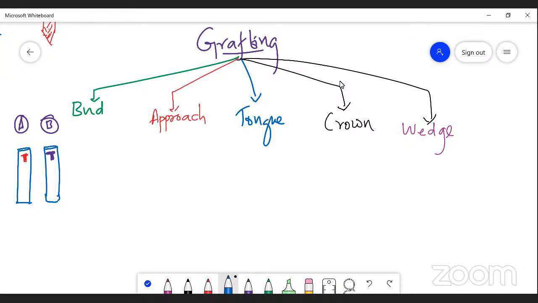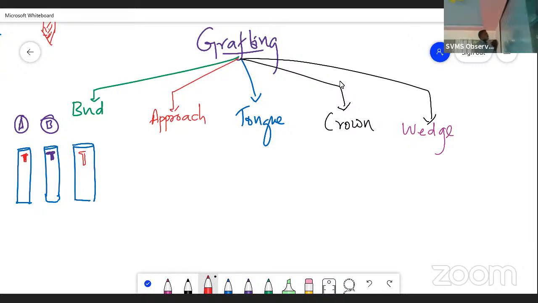So as a result, the T-shaped bud-like structure is inserted and tied with the help of grafting wax or polythene paper, right? After some time, at the point where the stock and scion are joined, a new bud arises, and later on it grows into a new plant.